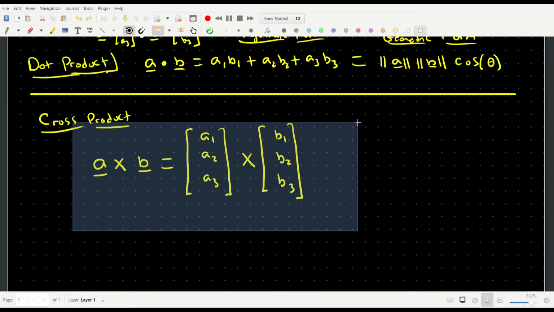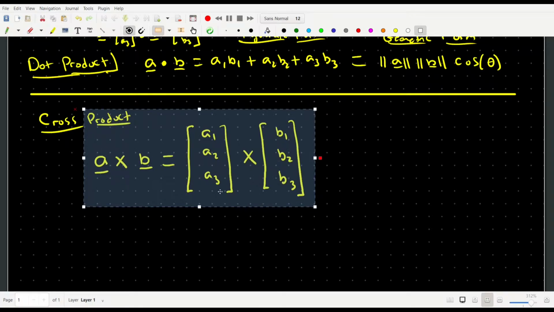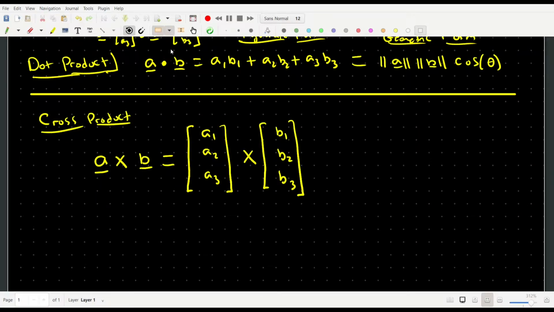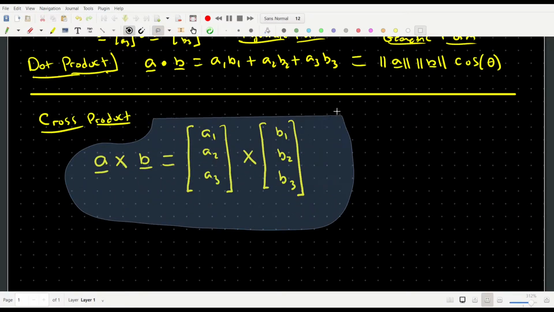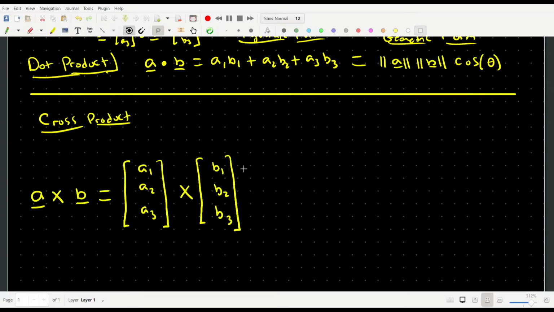And there's going to be a very interesting way of computing this, which at first may not make much sense to you, but I'm going to go through and show that the geometric form shows that this method for computing this makes a lot of sense.